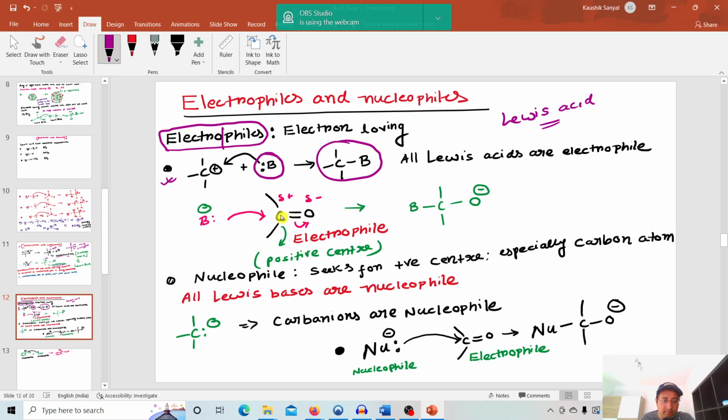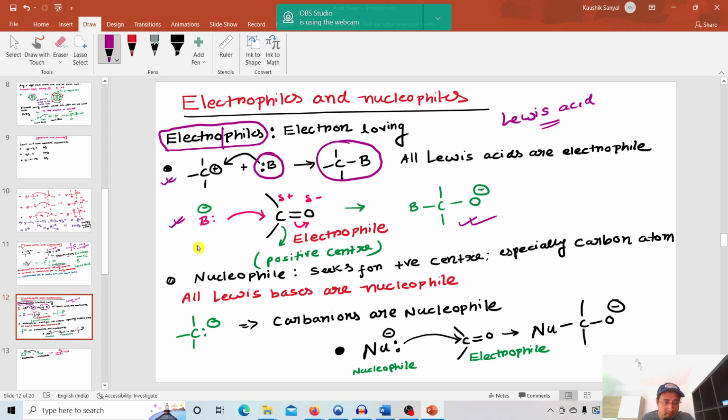So this carbon center is partially positive and has a tendency to draw electrons from others. If any base is present in the vicinity of this carbonyl group, the base will give electrons to it and form a new compound. That's why this center is also called the electrophilic center, because this carbon wants to draw electrons from other bases.